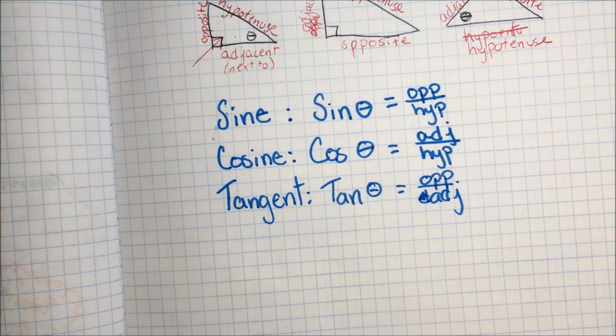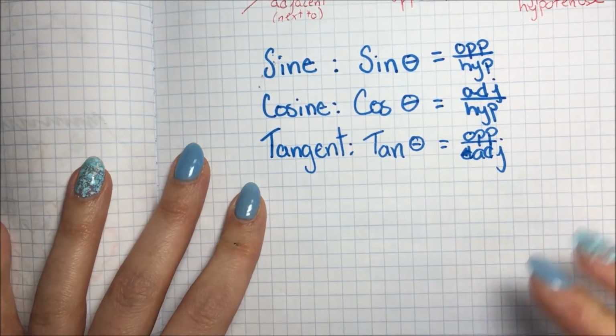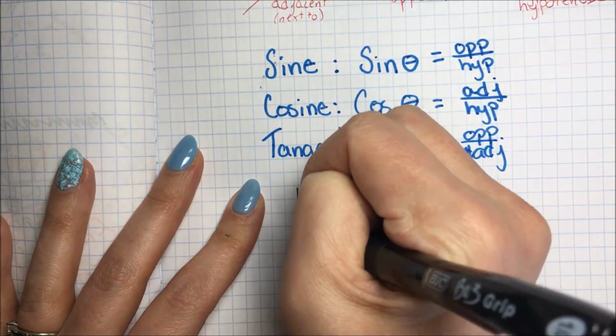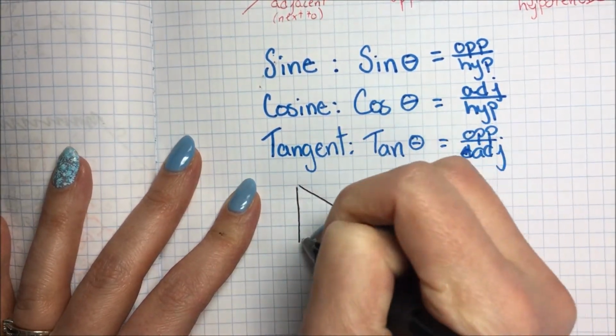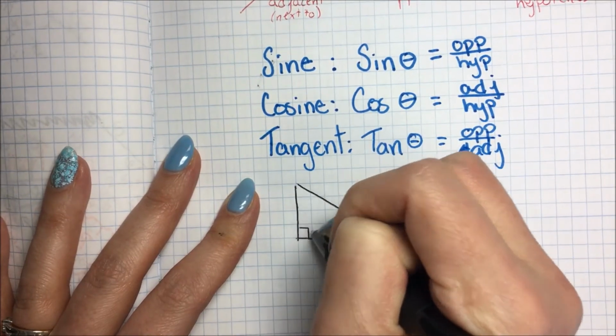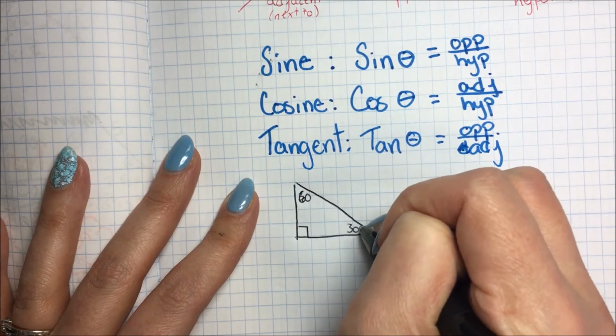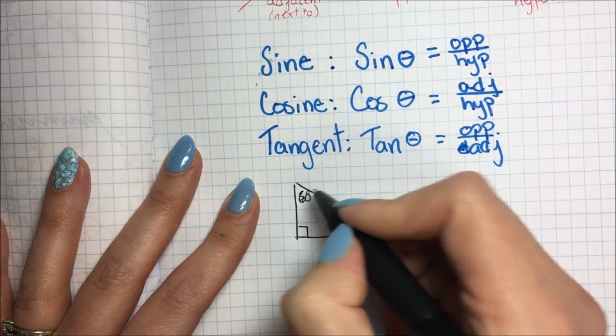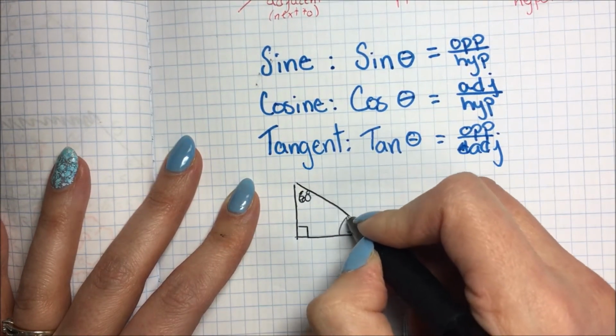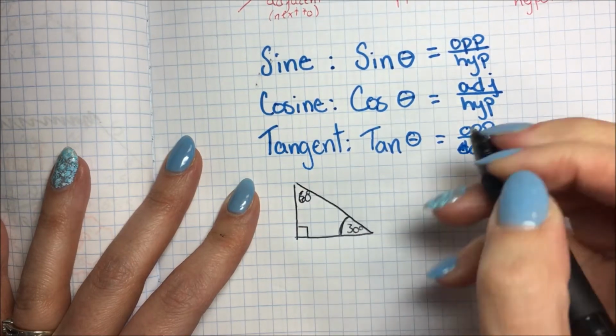So what this means is that if I had some triangle, let's do one of the triangles that we know, one of those special right triangles. Okay, let's say 30 is my reference angle.